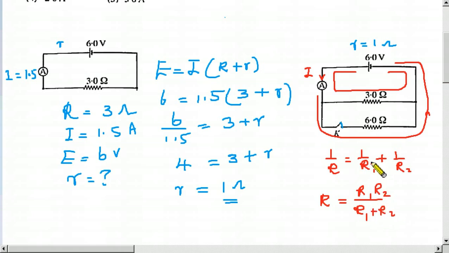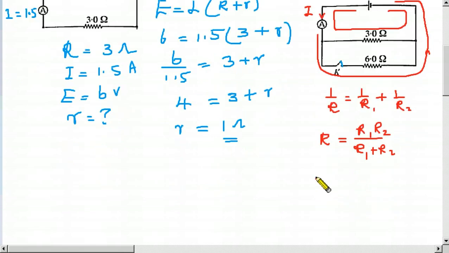That is the simplified form of the original equation. It is not a new one. So multiplication divided by the sum is the equivalent resistance directly, not 1 over.